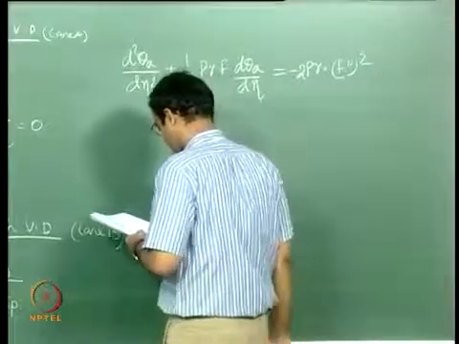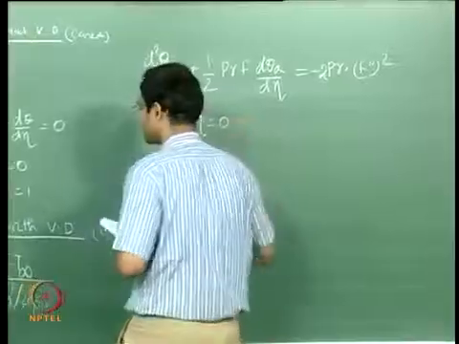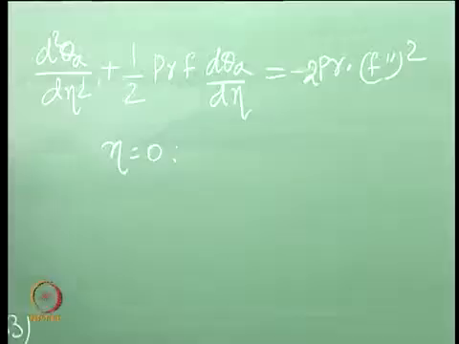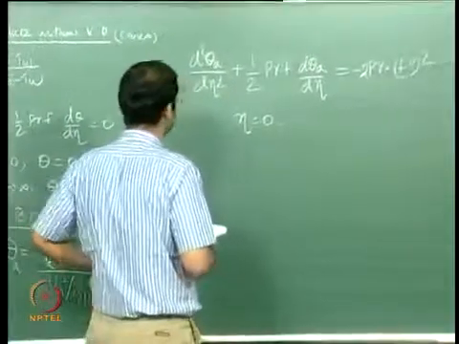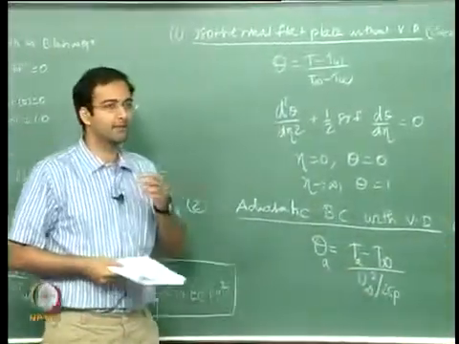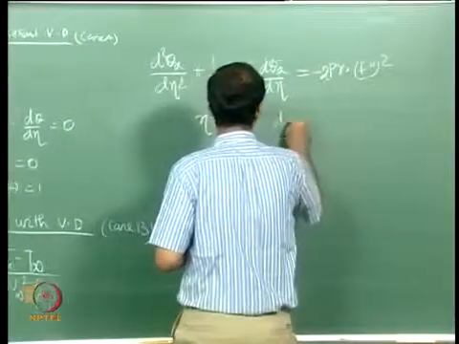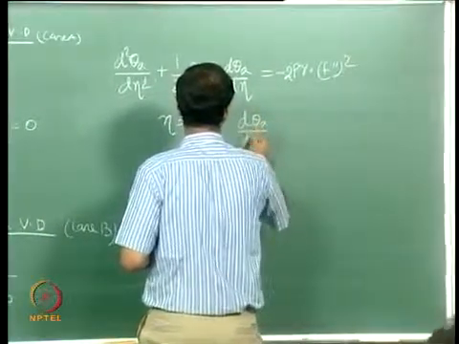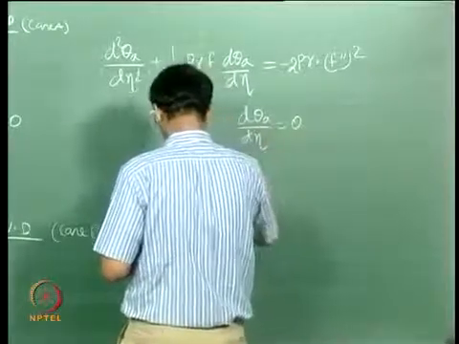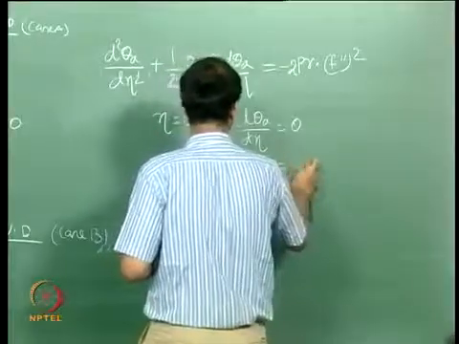So the boundary condition now at eta equal to 0, what will be the boundary condition? Theta equal to 0? Why should it be 0? Your gradient, yeah, so d theta A by d eta should be equal to 0 at eta equal to 0, and theta A at eta going to infinity is equal to 0.